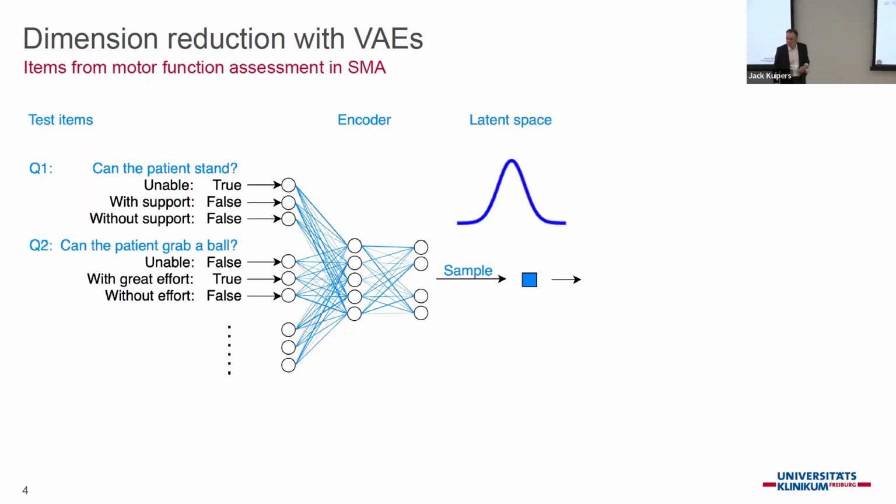So these circles stand for the parameters of the distribution, 2 for the expected values and 2 for the variance. And when I've done this dimension reduction, I can do some sampling in this latent space.